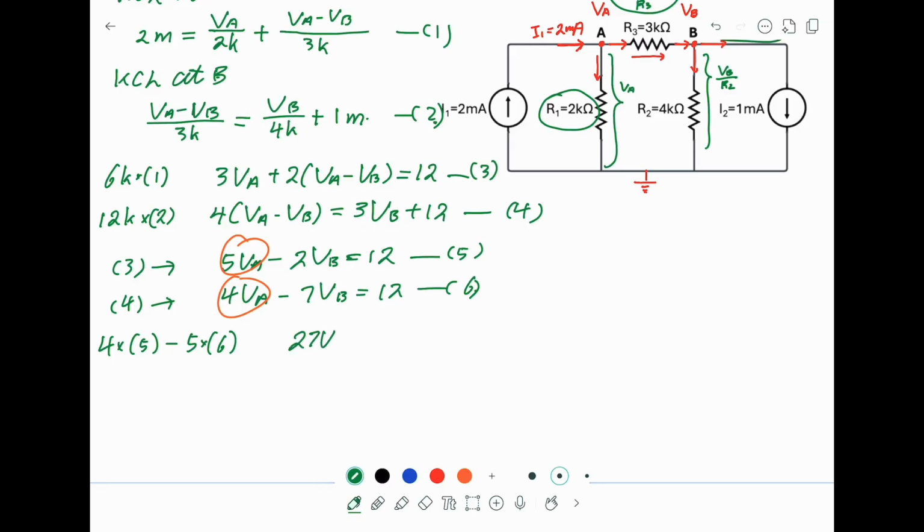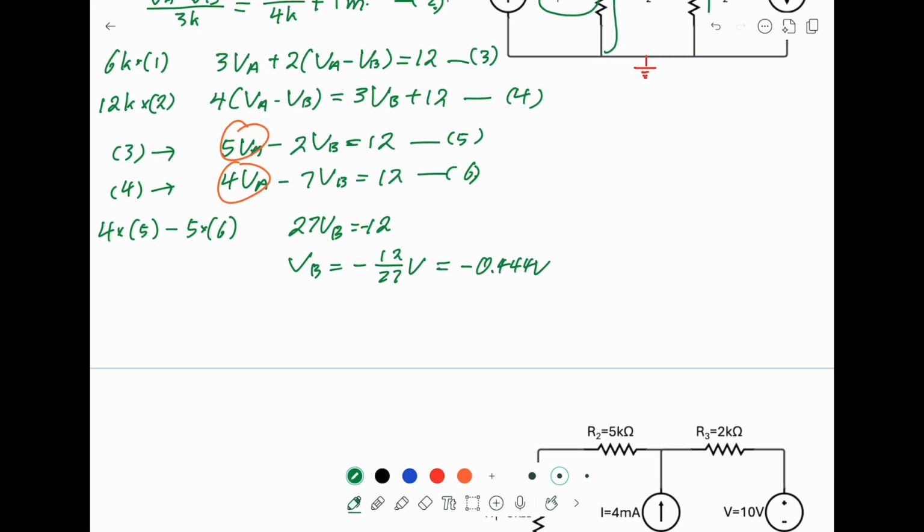What I get is 27VB equal to negative 12, so VB is negative 12 over 27 volt, equal to minus 0.444 volt. I substitute VB to find VA.